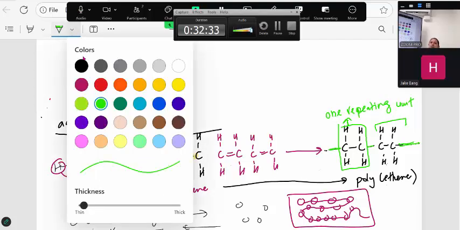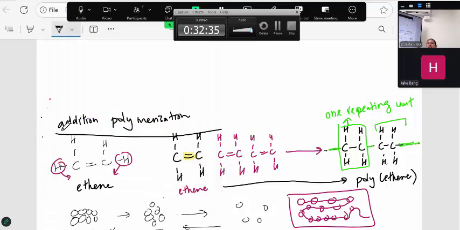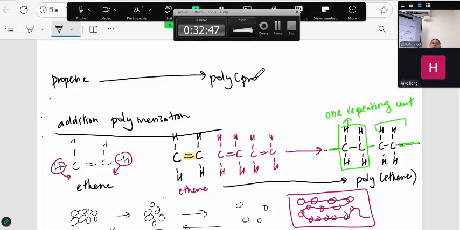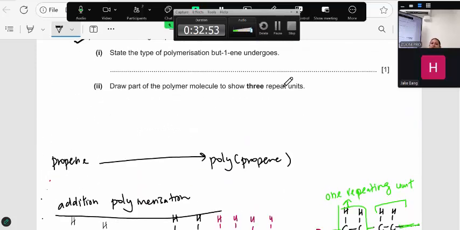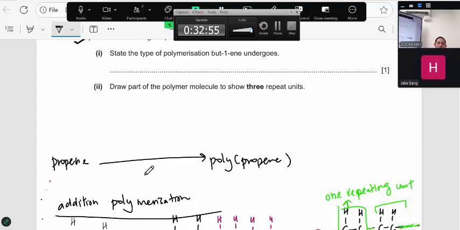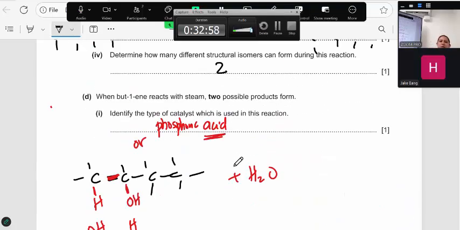Okay. Now, if ethene becomes polyethene, which is plastic bag, propene will become polypropene. Do you understand? Okay. So what I want you to do now is, we got no place here, we do it up above here.